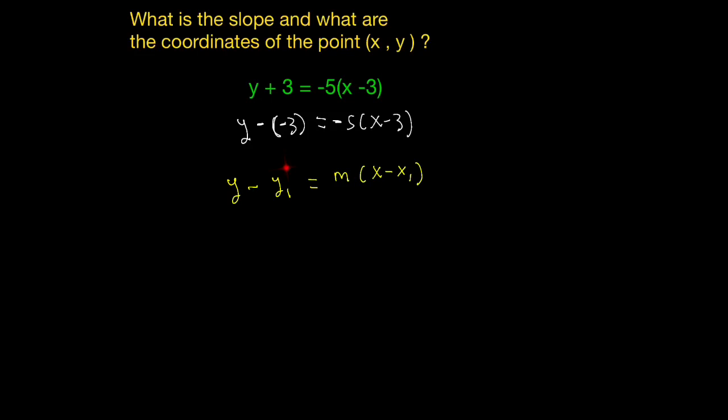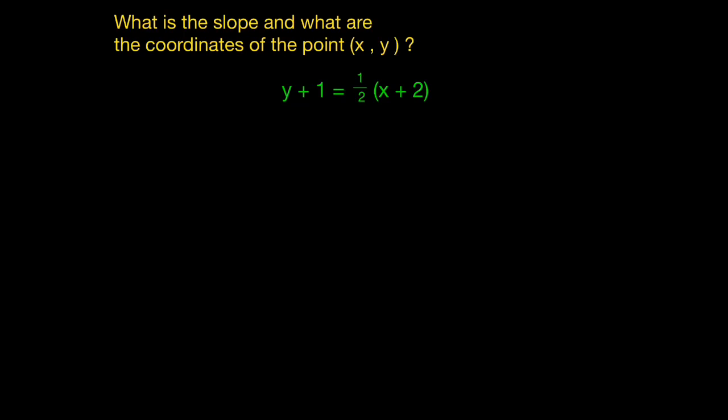Now we can match y1 to this negative 3, m we can match with negative 5, and x1 we can match with positive 3. So m is equal to negative 5, x1 is equal to positive 3, and y1 is equal to negative 3. And we have the point 3, negative 3.